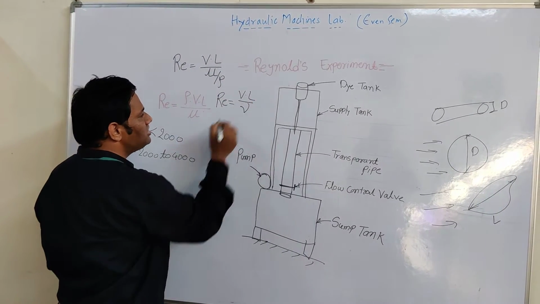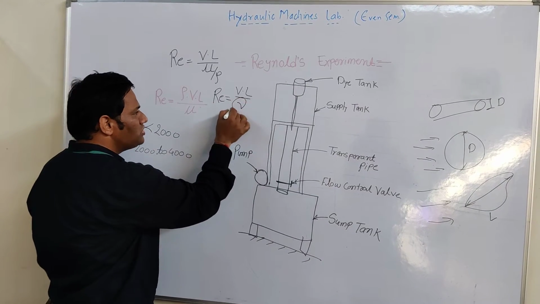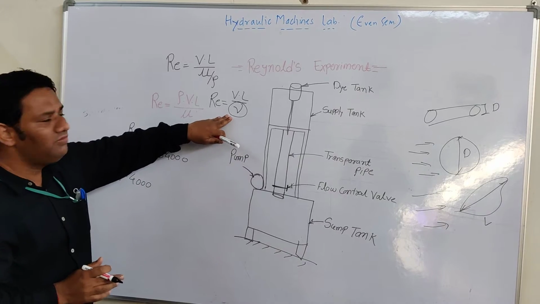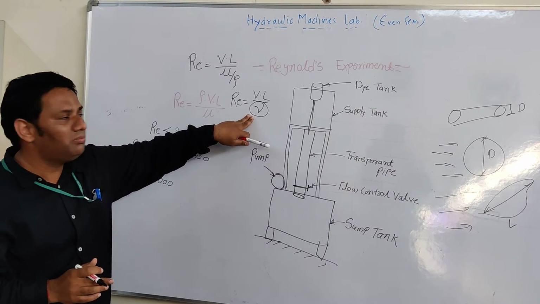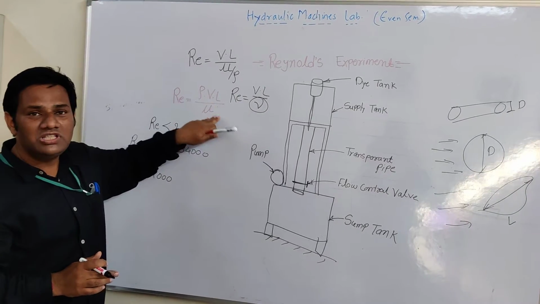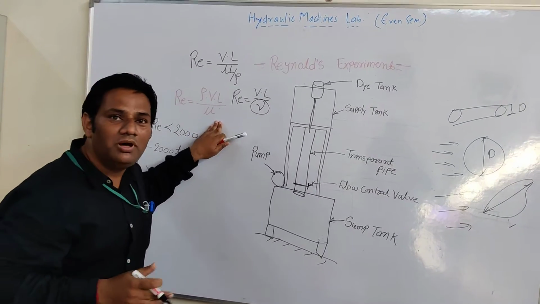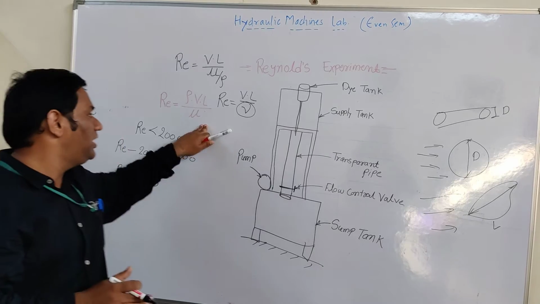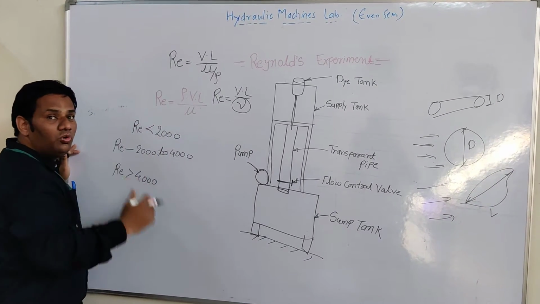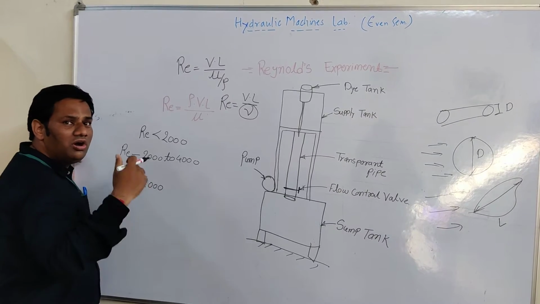This value is again constant and is given in the experiment. So either we use this formula for calculating Reynolds number or we can use the other one. Once we know the value of Reynolds number from the experiment, we can classify the flow as laminar, turbulent or transition.